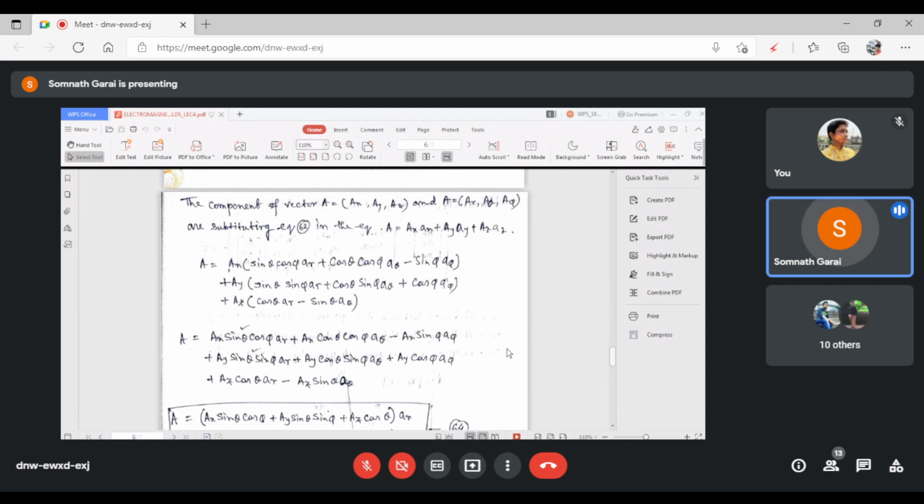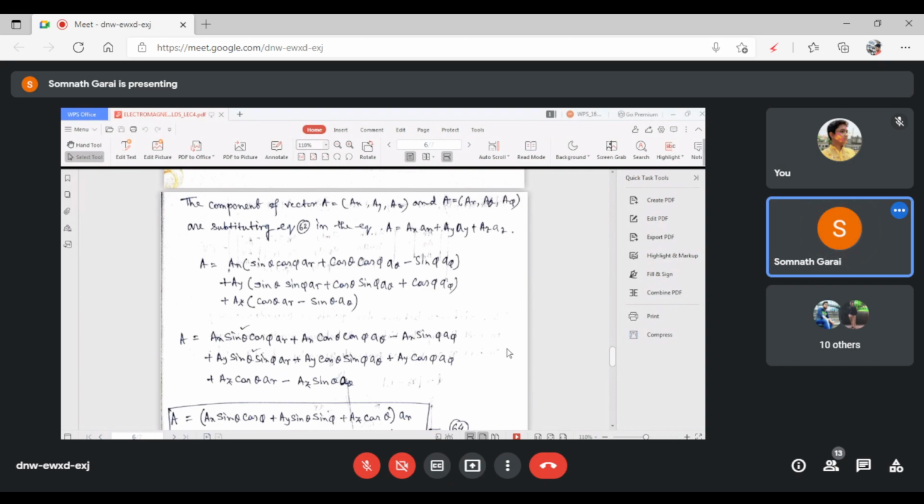Okay. And if a vector A is represented in spherical coordinate whose components are capital A suffix r, capital A suffix theta, capital A suffix phi. Now, if vector A is represented in Cartesian component form, then capital A is equal to capital Ax times small ax plus capital Ay times small ay plus capital Az times small az. Right?